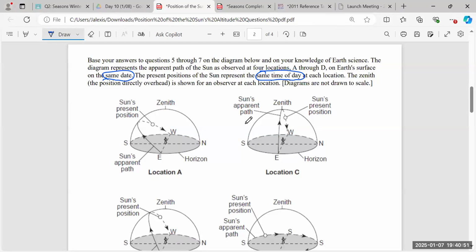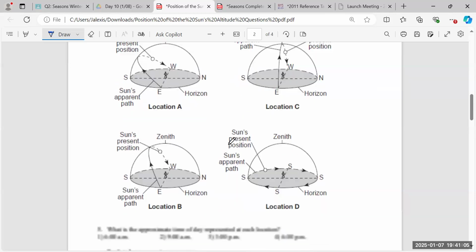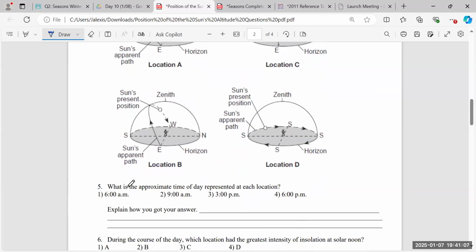The zenith, the position directly overhead, is shown for an observer at each location. Diagrams are not drawn to scale. What is the approximate time of day represented at each location?